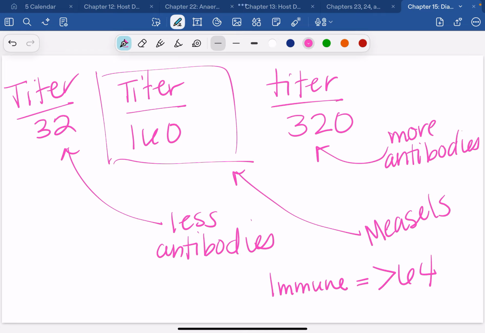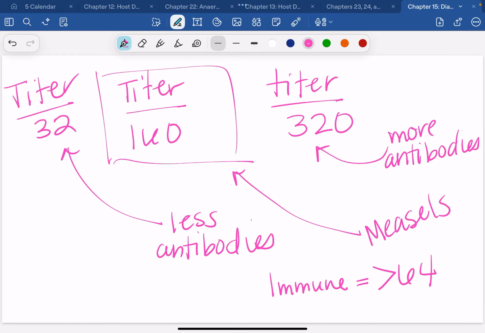Okay, that's what the standards say. These are all made up numbers, so don't quote me on this. But if somebody has to have a titer of 64 to be considered immune to measles, is this person immune to measles? Yes, because their titer is higher than 64.